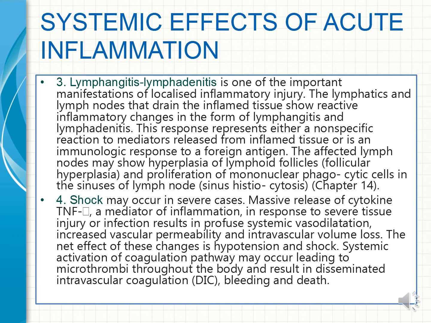This may be caused by profuse systemic vasodilatation, increased vascular permeability, and intravascular volume loss. The net effect of these changes is hypotension and shock. Systemic activation of coagulation pathway may occur, leading to microthrombi throughout the body and resulting in disseminated intravascular coagulation, bleeding, and death.